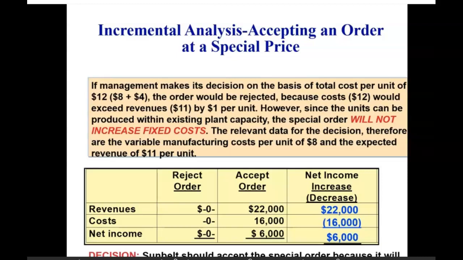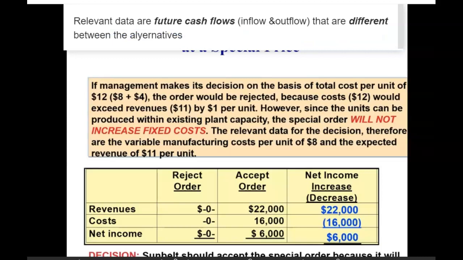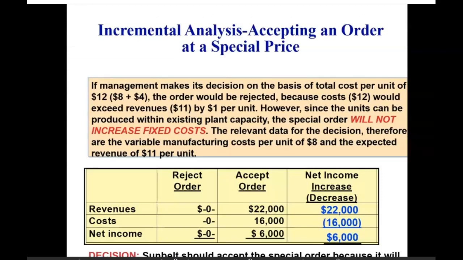However, when I look at the existing plant capacity, that will not increase fixed costs. So therefore, the relevant data, and here relevant means future cash flows that are different between the alternatives, is the variable cost of 8. So my alternatives here, reject the order or accept the order. Well, if I reject, I get no cash coming in.